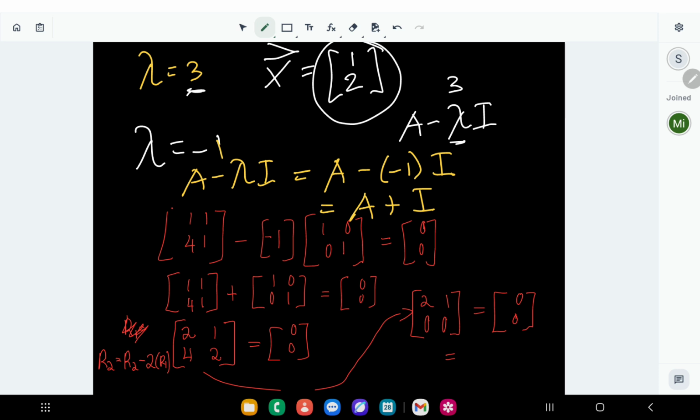Oh, you forgot your vector. Okay, this one is correct, and then you do it like this. You multiply that 2, 1, 0, 0 times your vector with components x sub 1, x sub 2 equals 0, 0, and you perform matrix multiplication there.